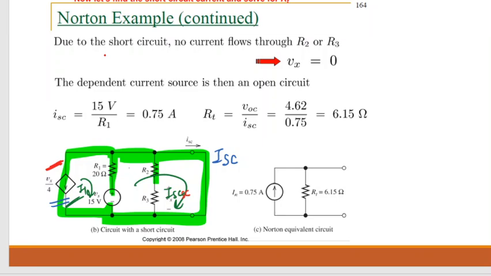Can't go through. Get the direct equation. I1 and by 4.